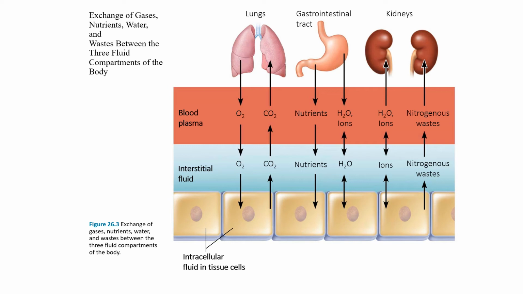They flow from the stomach to the blood, to the interstitial fluid, to the cells. Water and ions are going to flow both directions. Even in the kidneys, water and ions flow in both directions. But notice that the nitrogenous wastes flow out of the cell into the interstitial fluid, into the blood plasma to be filtered by the kidneys and are peed out in your urine.